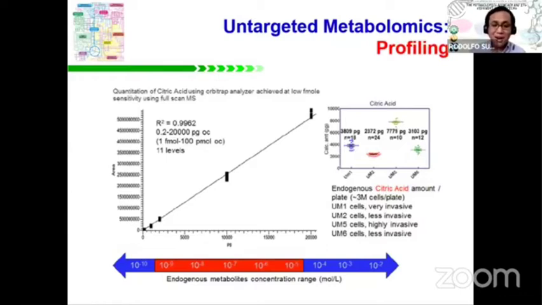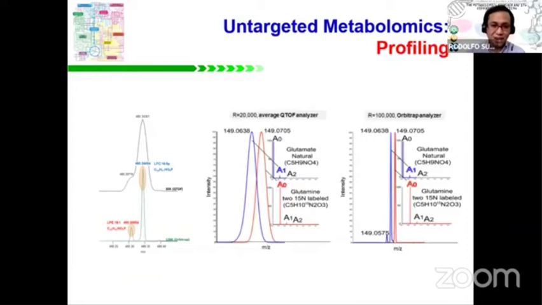Imagine if you compare the citric acid across these cancer cell lines, the differences are very, very subtle. So you need to be able to capture this. You need to have a highly sensitive instrument to capture these subtle differences in metabolites, especially if you're doing targeted metabolomics.